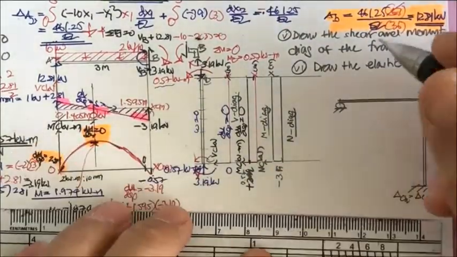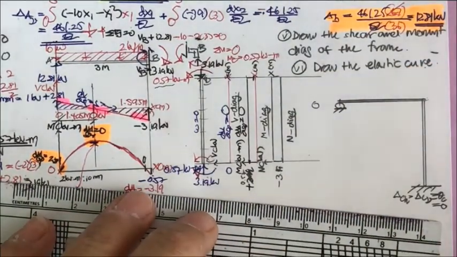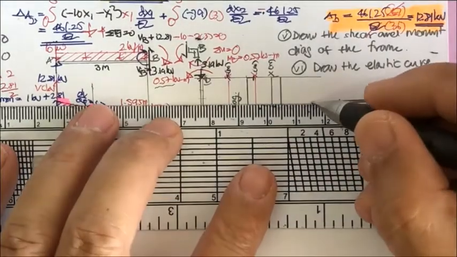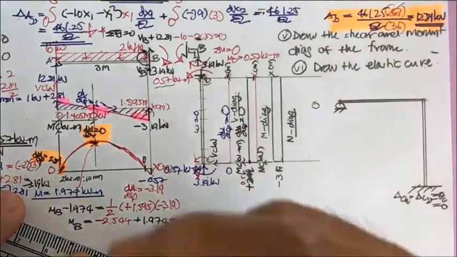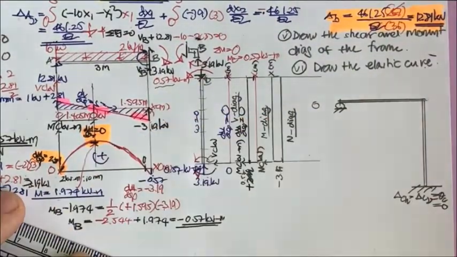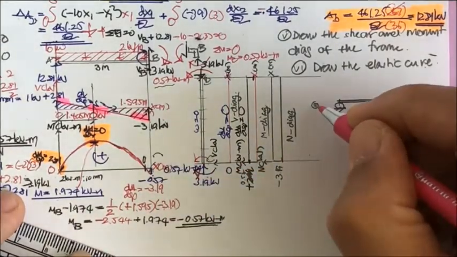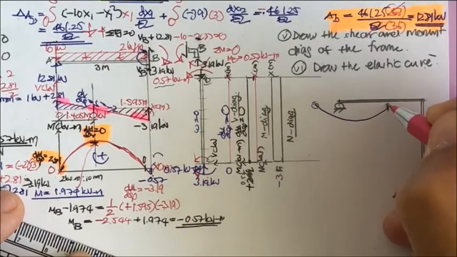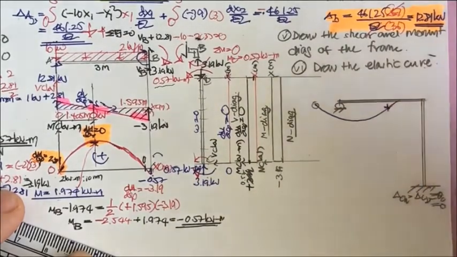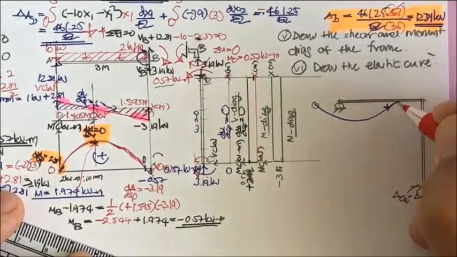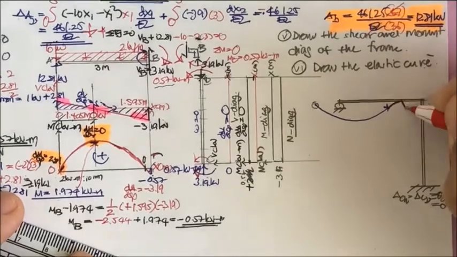Under application of this one, the frame may move here, and this is going to be positive, and it's going to curve like this, and this was negative. It's going to curve like this, and then it's going to return back like this, and keep the right angle here.